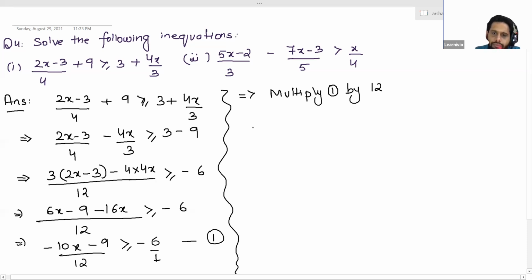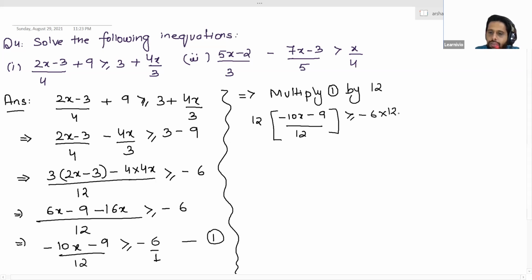Okay, so when we multiply this with 12, this becomes minus 10x minus 9 by 12, greater than equal to minus 6 into 12. Okay, Rishan, tell me one thing. Iram, very good. This answer is correct. Very good. Now, Rishan, when we are multiplying with 12, will the sign of inequality change or not? No, because we are multiplying with a positive number. Okay.